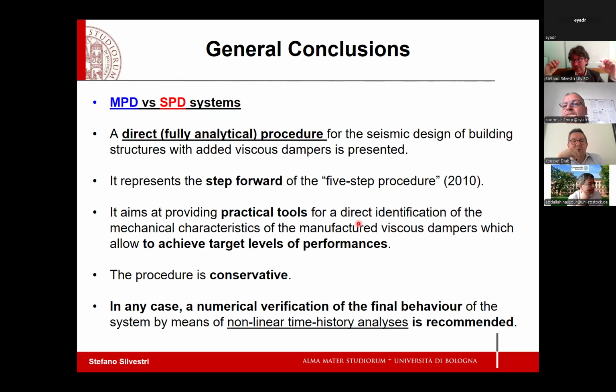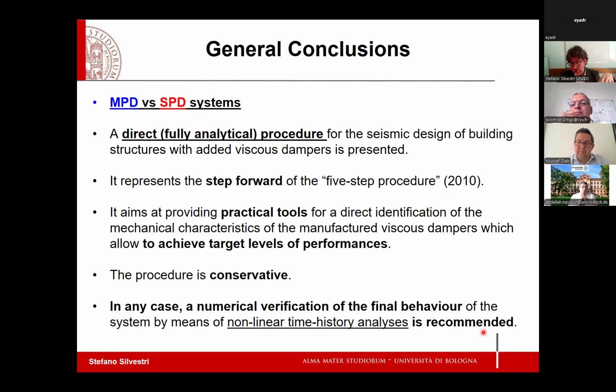So the value of the damping coefficient C of the fluid viscous dampers is obtained on the basis of a response spectrum. But in any case, as I wrote here, a numerical verification of the final behavior of the system by means of nonlinear time history analysis is recommended. So this is for preliminary design, and you can further calibrate it by means of time history analysis.